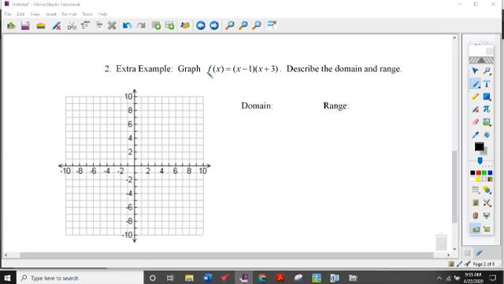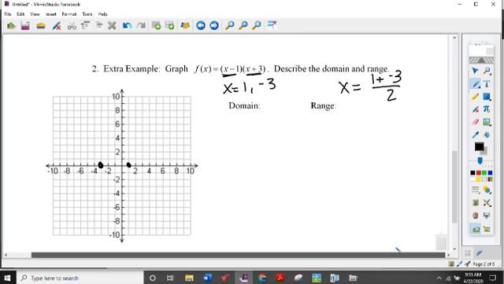So to graph this one, first thing I need to do is identify my x-intercepts, which are 1 and -3. So I plot those, 1 and -3. Now I'm going to find the axis of symmetry. My axis of symmetry is found by adding the two x coordinates together and dividing by 2. So -2/2 equals -1. So there's my axis of symmetry.